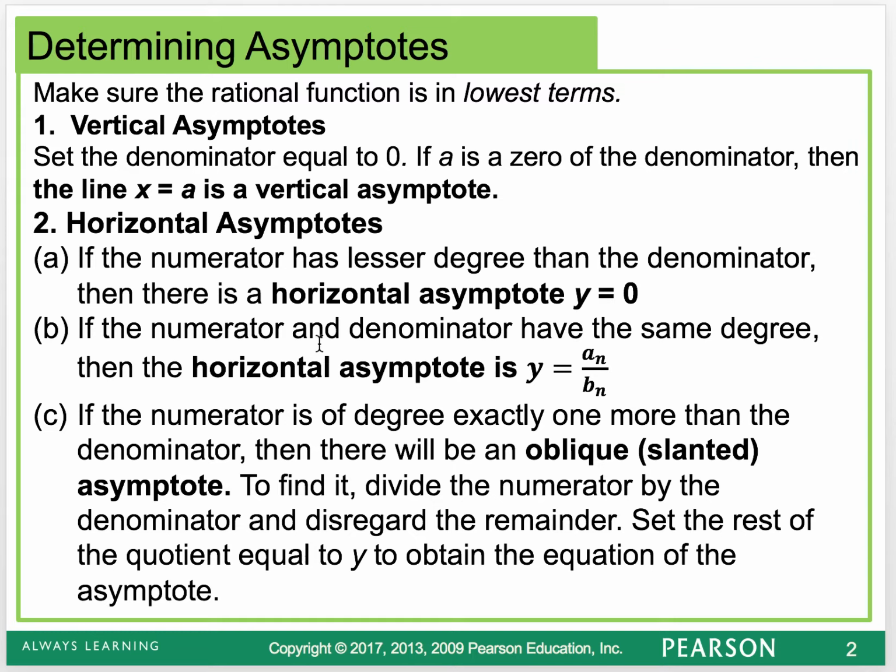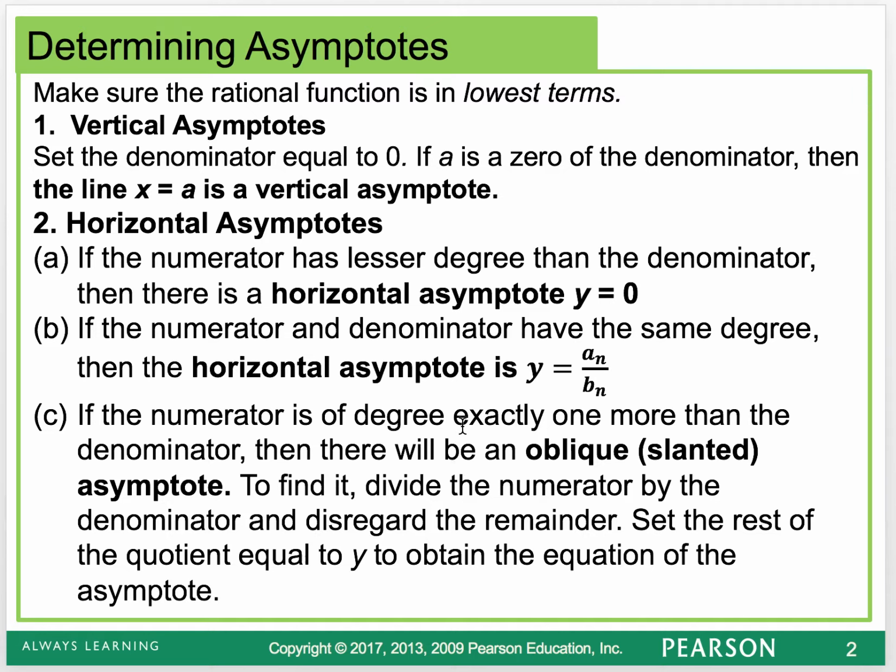If the numerator and the denominator have the same degree, then your horizontal asymptote is an equation in this form where a sub n is the leading coefficient of your numerator, b sub n leading coefficient of your denominator.